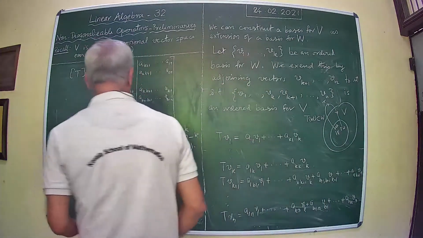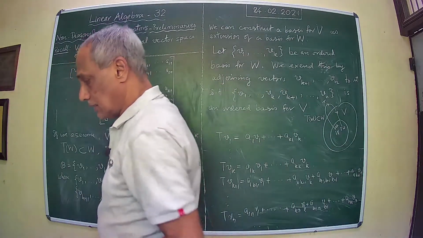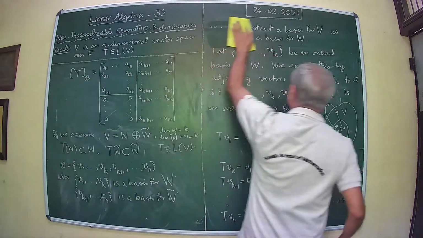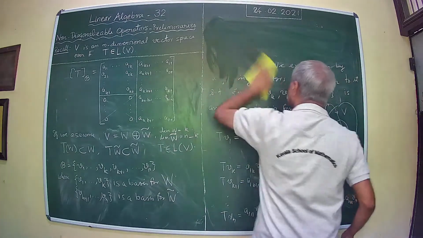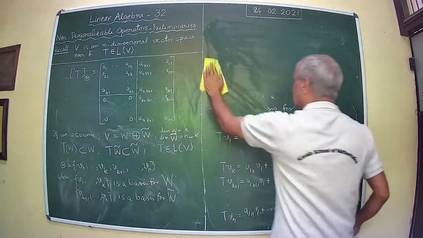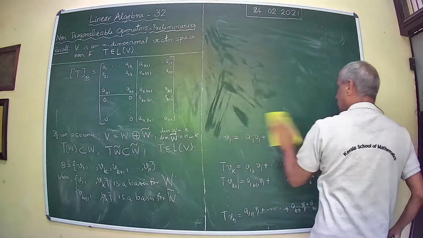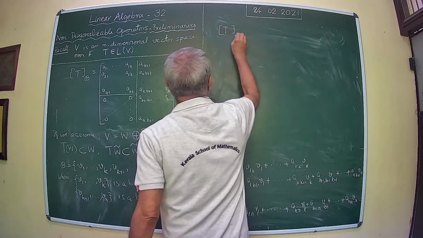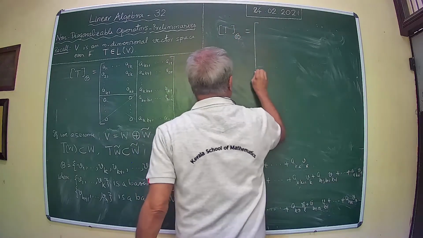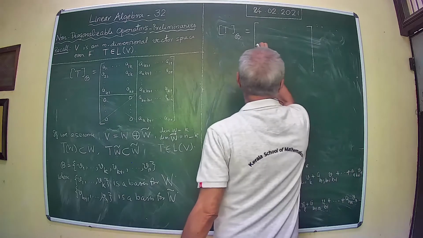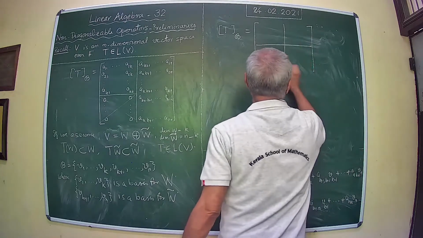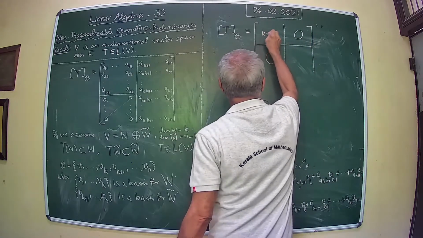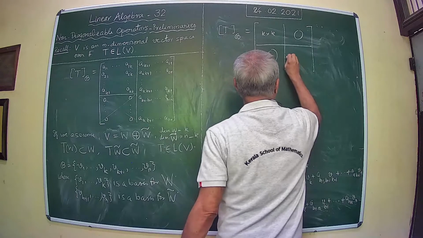In that case, you can easily work out the representation for T with respect to this ordered basis. The matrix will be of this form. This is a K by K block, and this is an N minus K block.